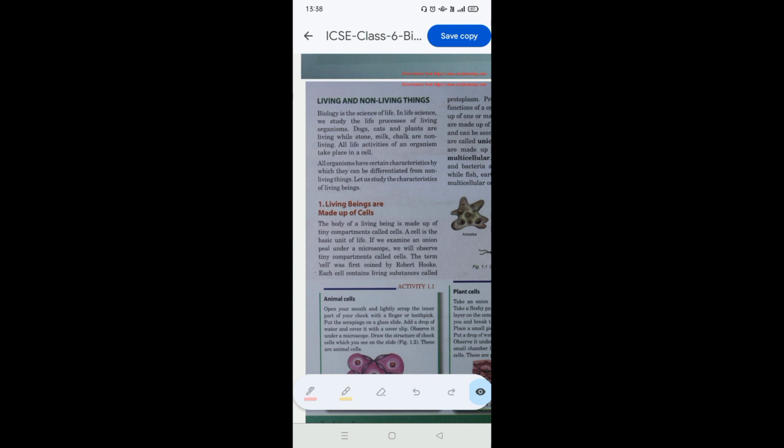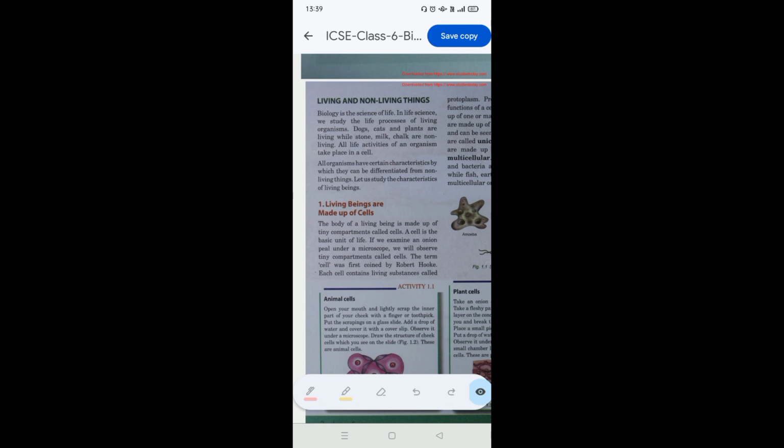The first characteristic is that living beings are made up of cells. The body of a living being is made up of tiny compartments called cells. A cell is the basic unit of life.